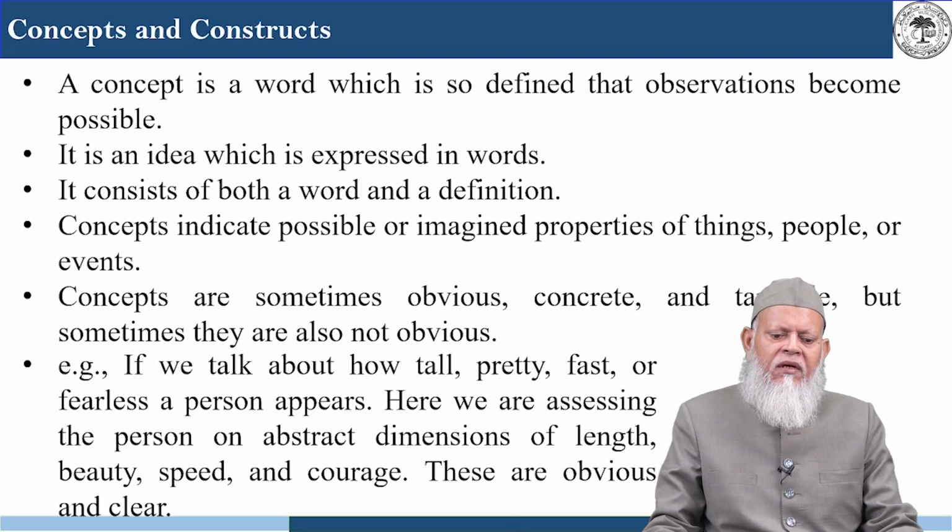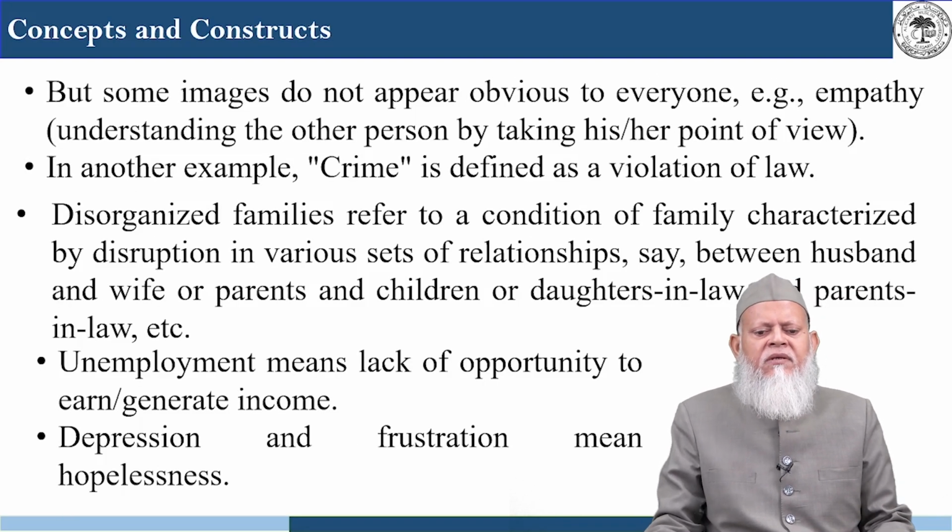For example, if we talk about how tall, pretty, fast, or fearless a person appears, here we are assessing the person on abstract dimensions of length, beauty, speed, and courage. These are very obvious and very clear. But some images do not appear obvious to everyone, e.g., empathy, that is, understanding the other person by taking his or her point of view.